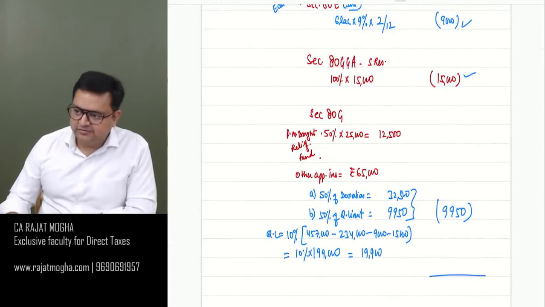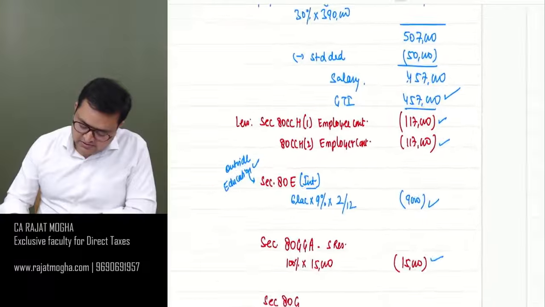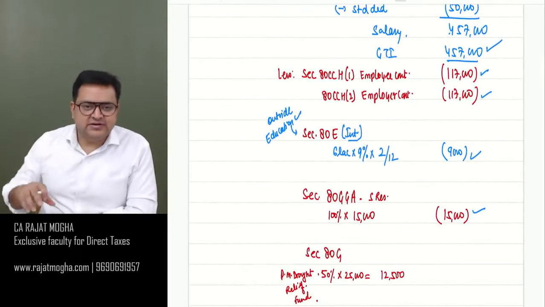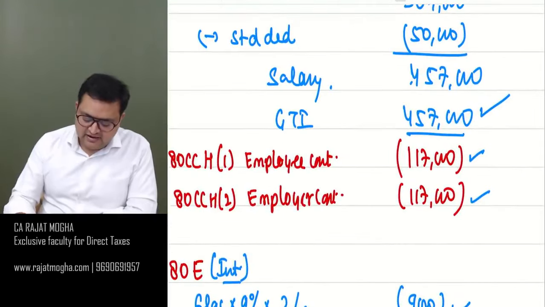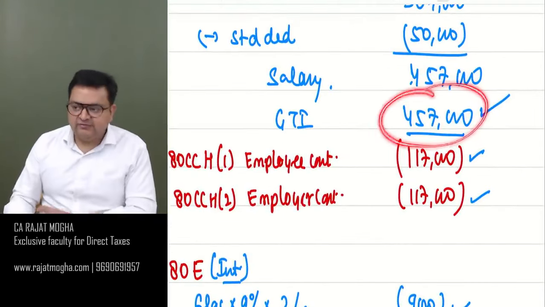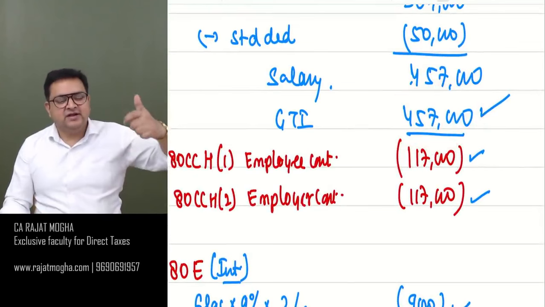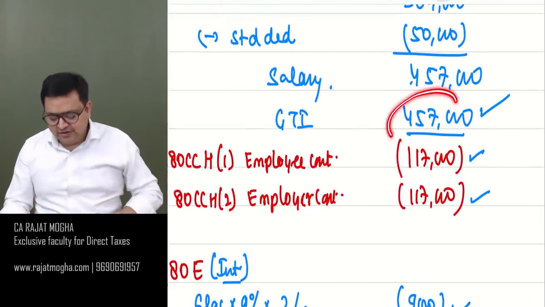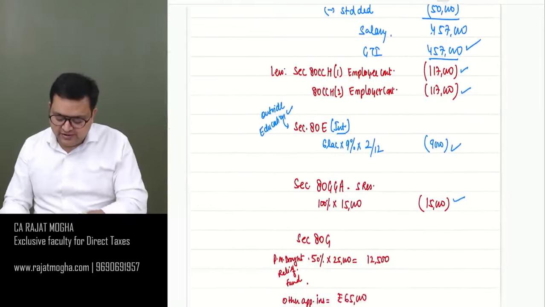Tell me what my income is now. Now, please remember, can you give all these deductions from this income? Yes. See, I've told you, in GTI, just wait for 10 seconds and see whether it has any special income. It does not have any special income, so you can freely give the deduction over here.